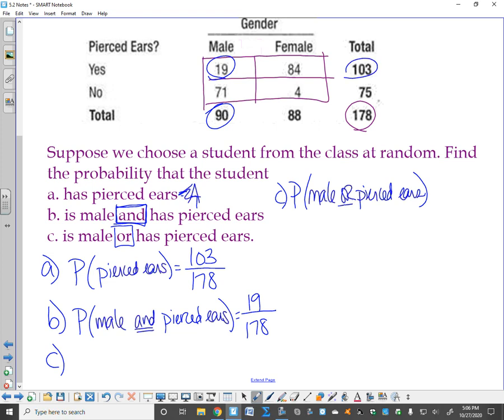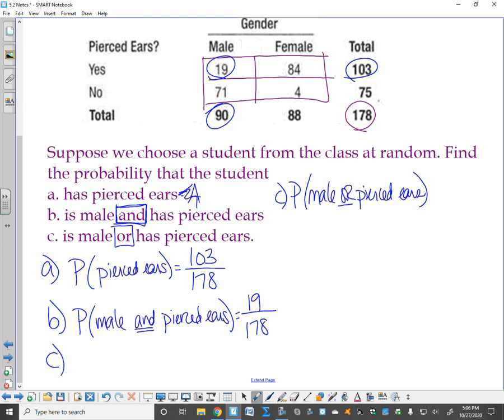I got 103 pierced ears. Here's the problem. I can't just add those together. I can't say 193 over 178. The problem is that I got 19 people that are both male and have pierced ears. So I got 19 people being counted twice, and they don't get to be counted twice.